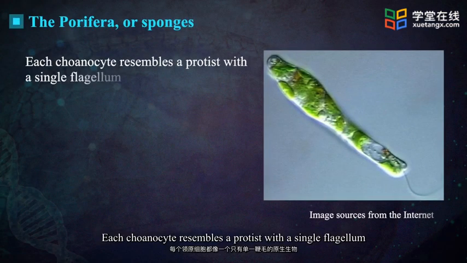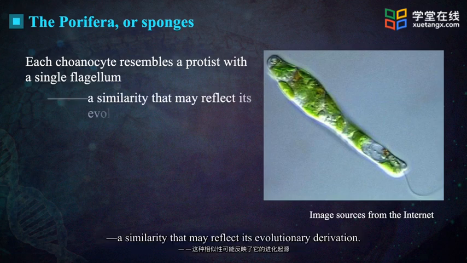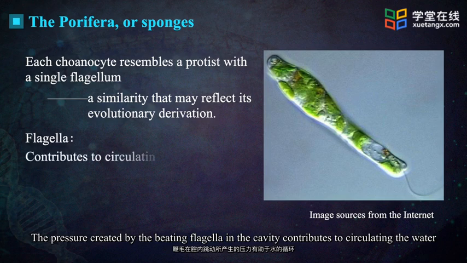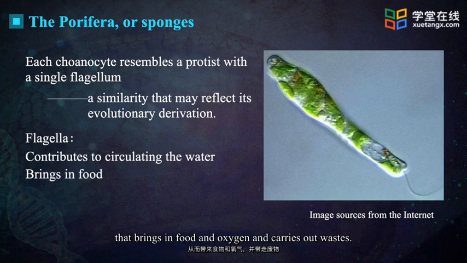Each collar cell resembles a protist with a single flagellum, a similarity that may reflect its evolutionary derivation. The pressure created by the beating flagella in the cavity contributes to circulating the water that brings in food and oxygen and carries out wastes.